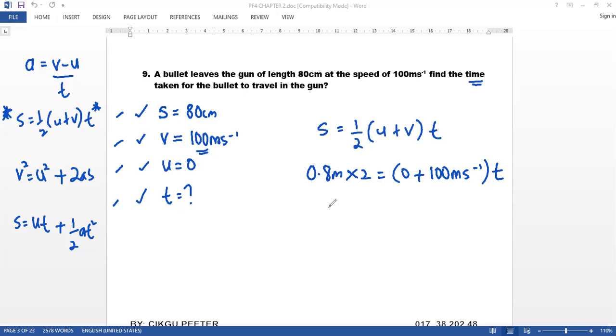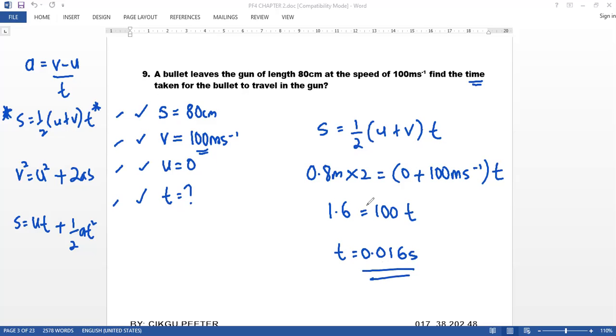So you will get here 0.8 times 2 is 1.6 equals 100 times time. So the time here will be 1.6 divided by 100. So we get 0.016 seconds. That's the answer.